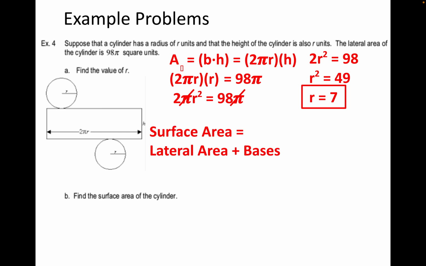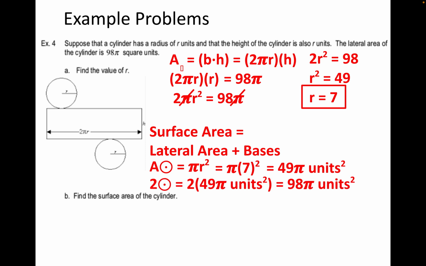All right. Now to find B, I know that the surface area is just equal to the lateral area plus the bases. And here are my bases right here. The area of a circle, of course, is pi r squared, so that would be pi times 7 squared, which is 49 pi square units. Both bases together would be 2 times 49 pi, or 98 pi square units.